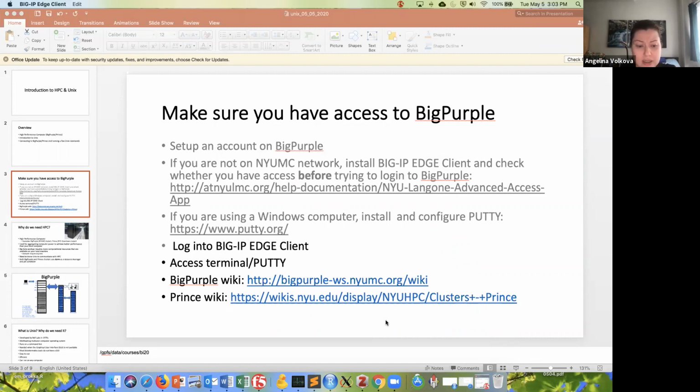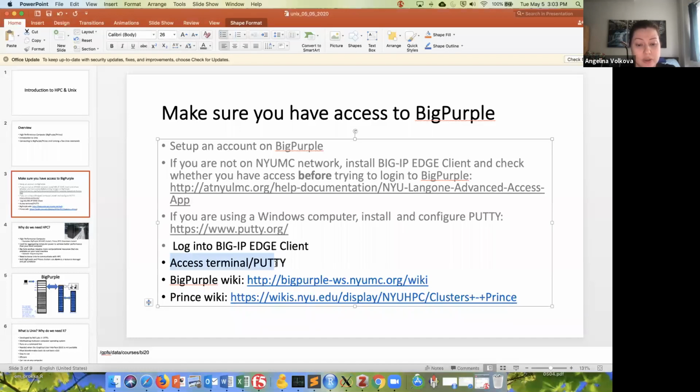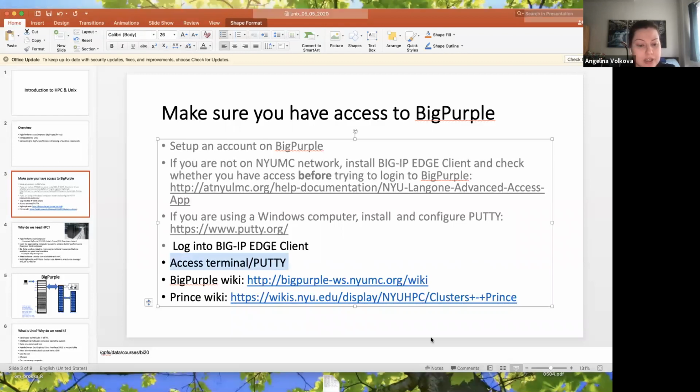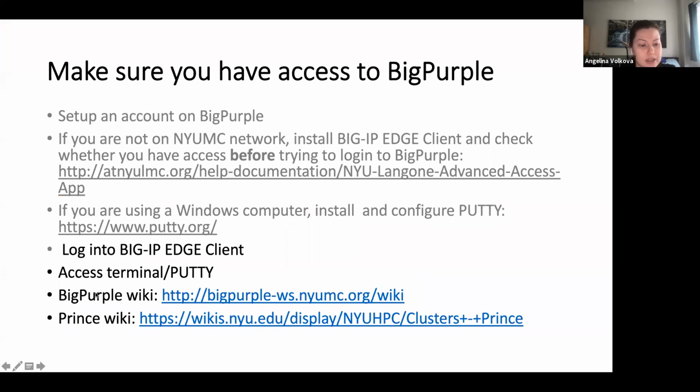Also, please make sure you're able to access terminal and know how to open PuTTY. So I hope you played with it a little bit before the class. And the other two useful things I want to show you are two wiki pages, one for Big Purple and one for Prince.